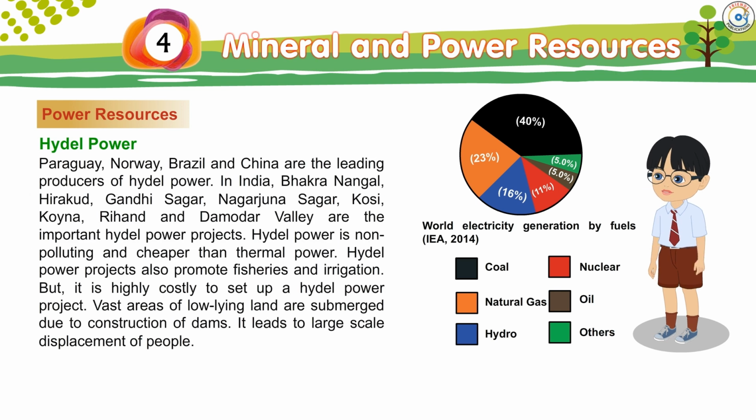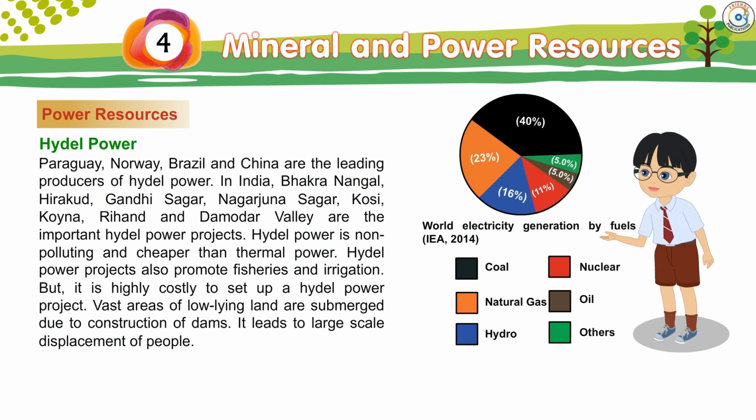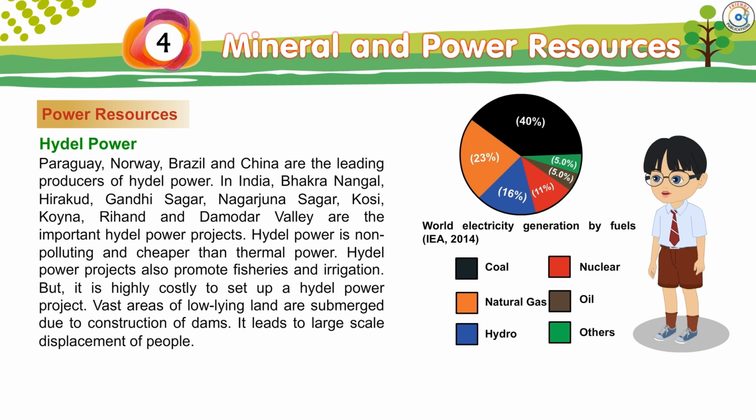Paraguay, Norway, Brazil, and China are leading producers of hydro power. In India, Bhakra Nangal, Hirakud, Gandhi Sagar, Nagarjuna Sagar, Kosi, Koyna, Rihand, and Damodar Valley are important hydro power projects.